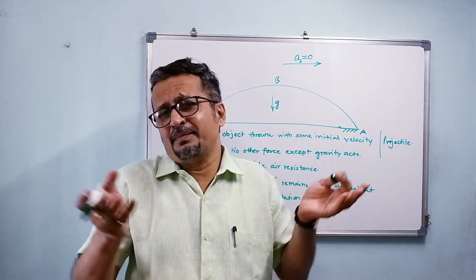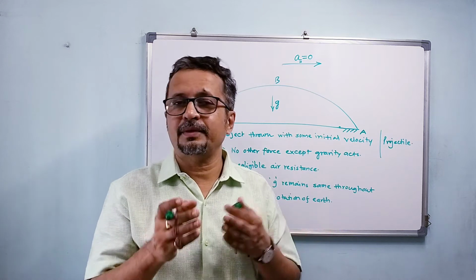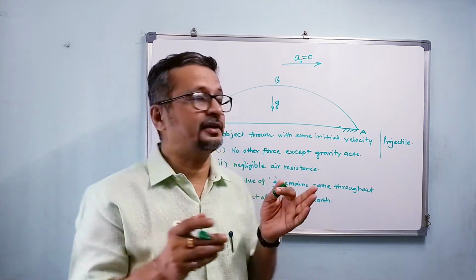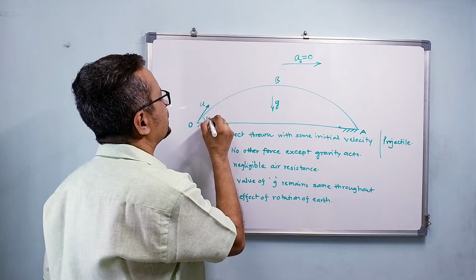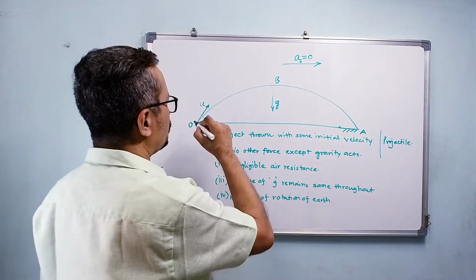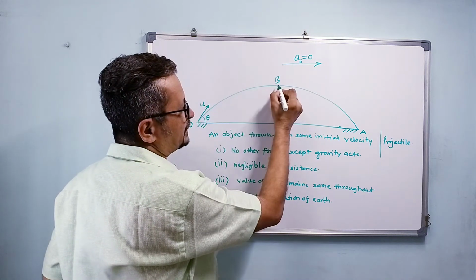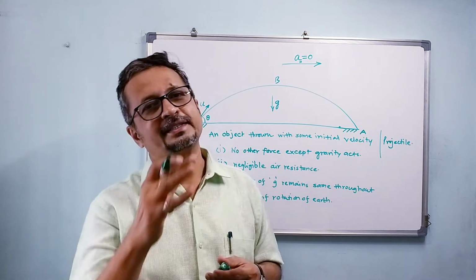No. It may be vertical, I don't want to say anything about that now, but it is definitely not horizontal here, and that means it is making some angle with the horizontal, that is theta. Correct.